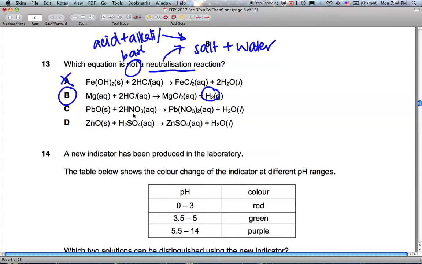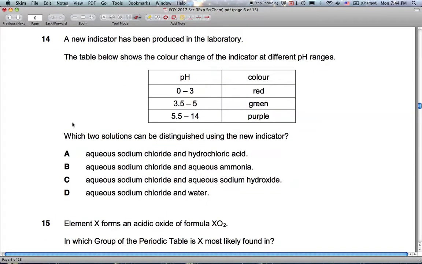Look at the rest. You also have base plus acid, we get salt plus water. Base plus acid, we get salt plus water. So C and D are also out. Question 14. A new indicator has been produced in the lab. The table shows the color change of the indicator at different pH ranges. So which two solutions can be distinguished using the new indicator?